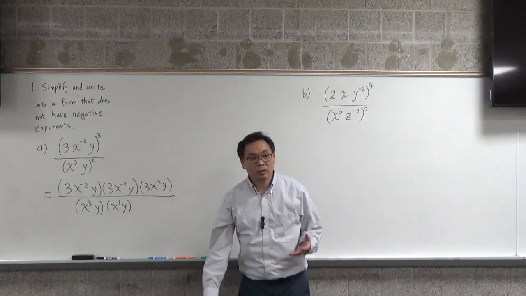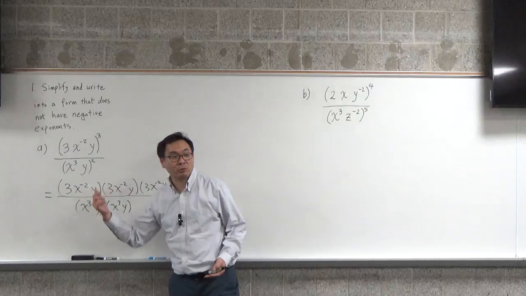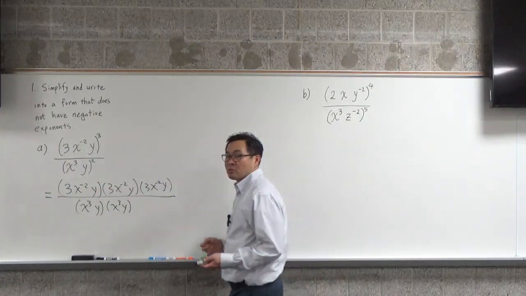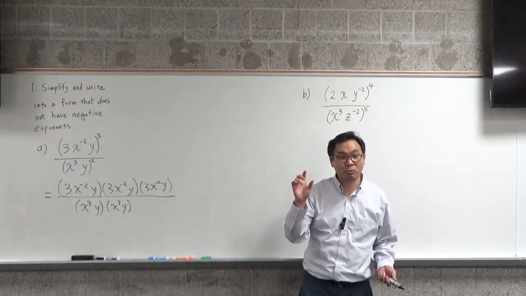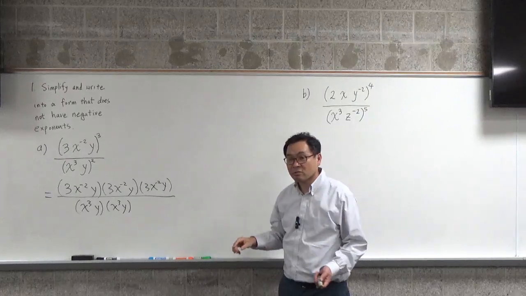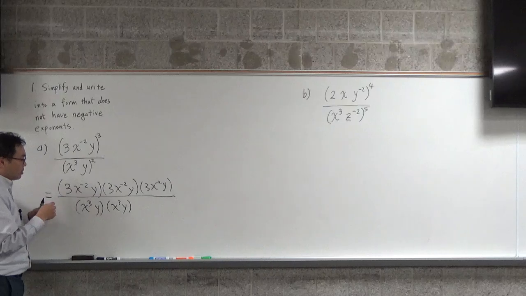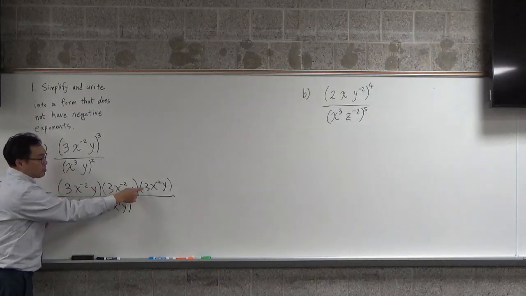Okay, and then we are going to use the property that multiplication can be swapped around. You know, 3 times 2 times 5 is the same as 2 times 3 times 5. You can swap the 2 and 3 when it comes to multiplication, right? In the same way, I can change places and see that 3 is here, 3 is here, and 3 is here.